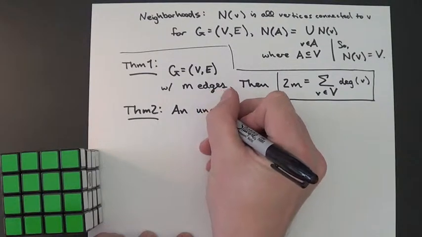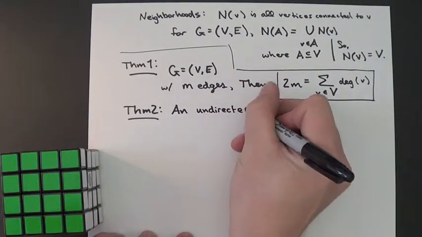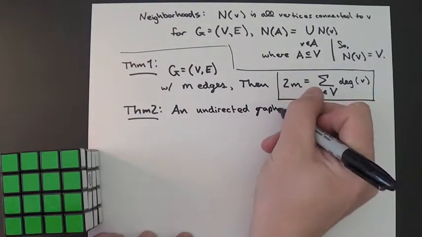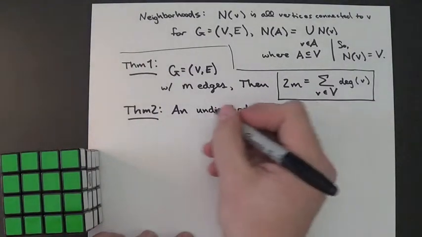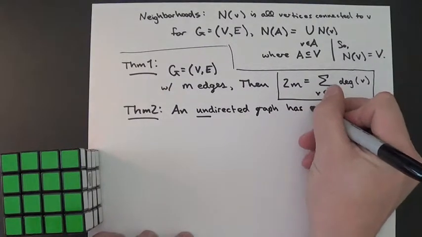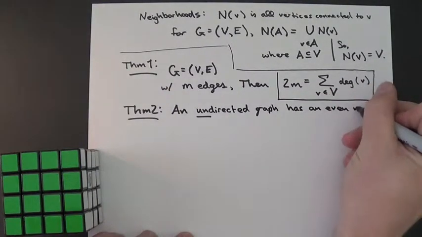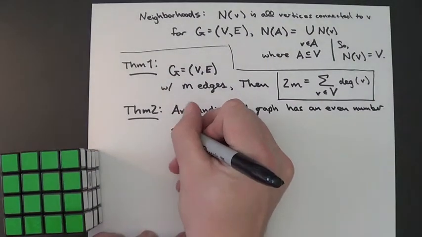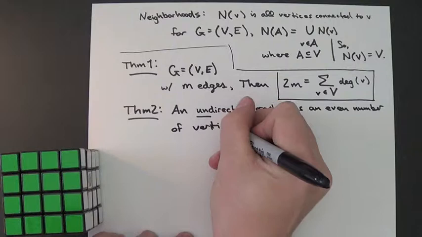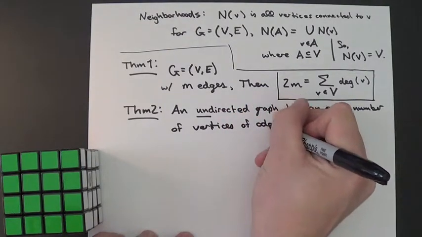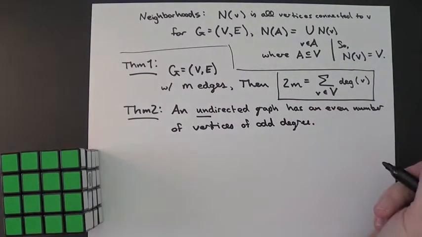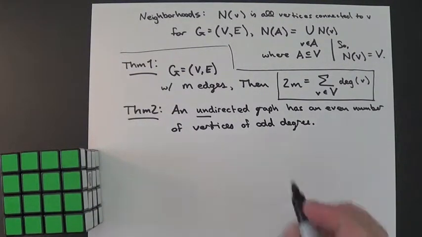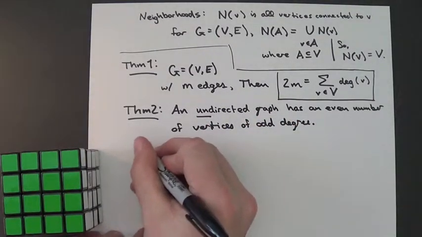So an undirected graph has an even number of vertices of odd degree, which is also very handy when we start talking about proofs. So, quick example.